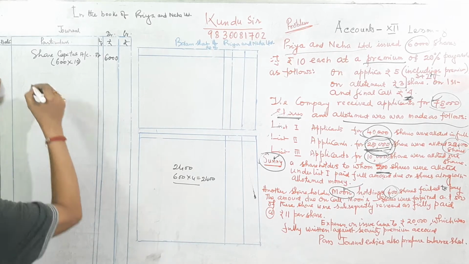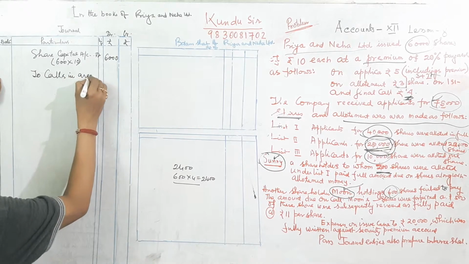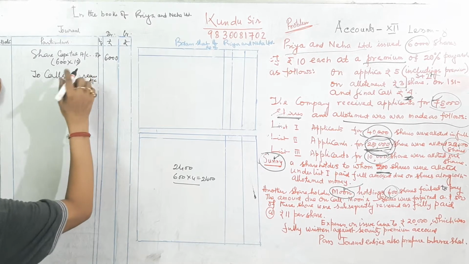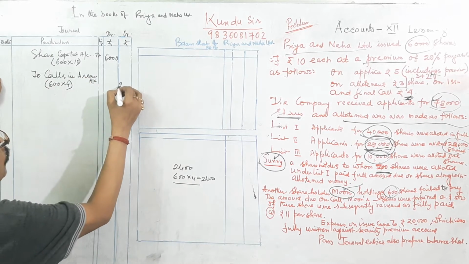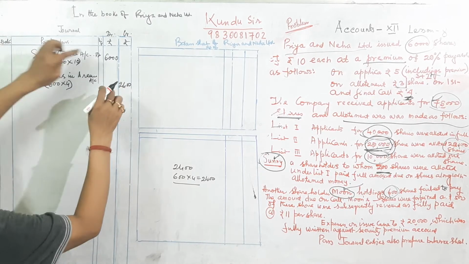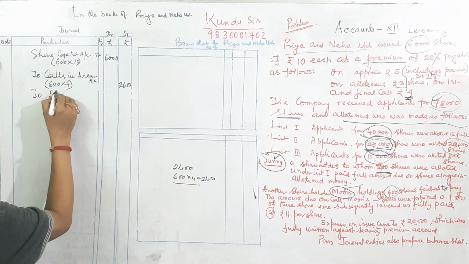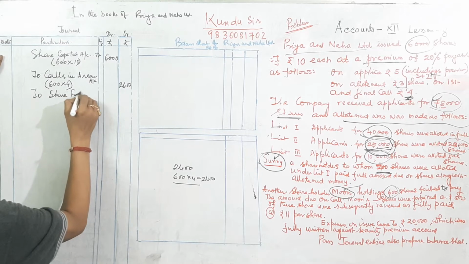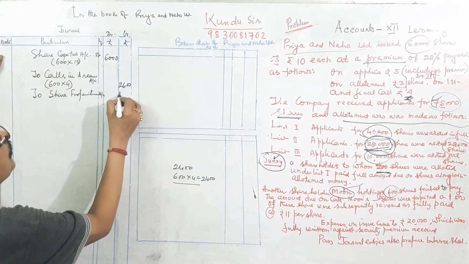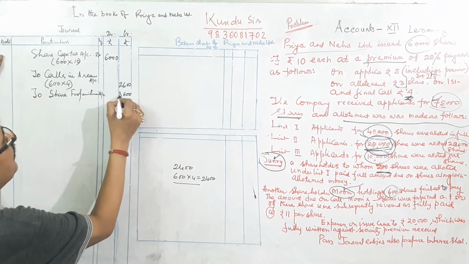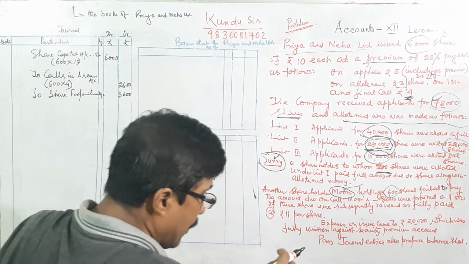So, calls in arrear account, we have not received 600 into 4 equal to 2,400, and the balance portion that we have received, that means it is share forfeiture account, 3,600. That means we have got the money on account of share forfeiture.